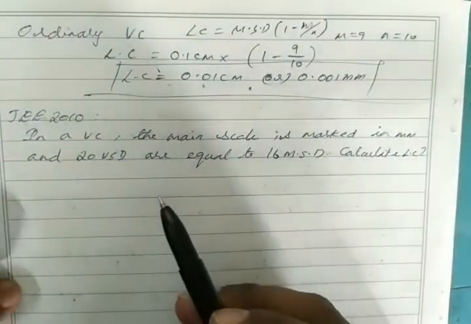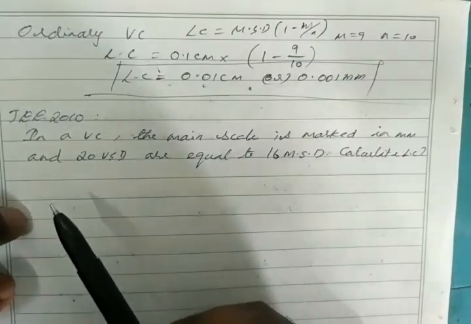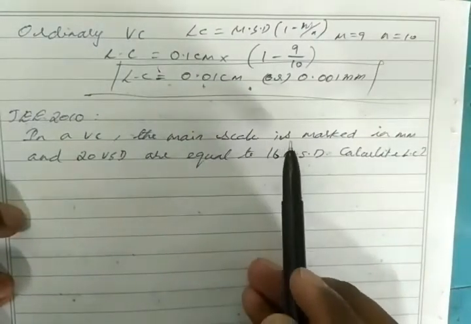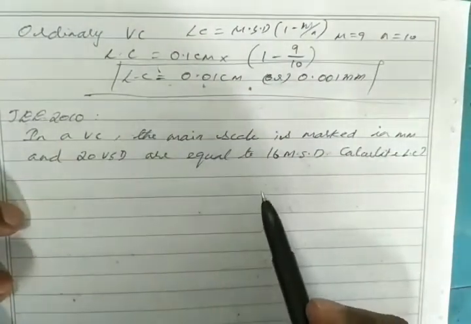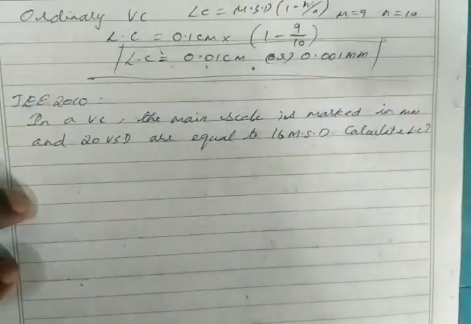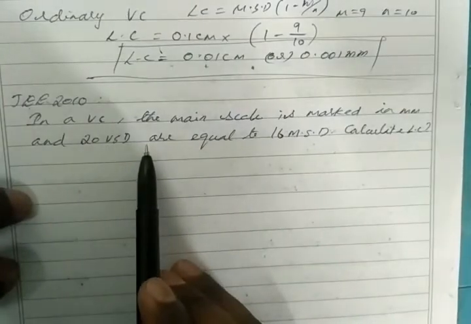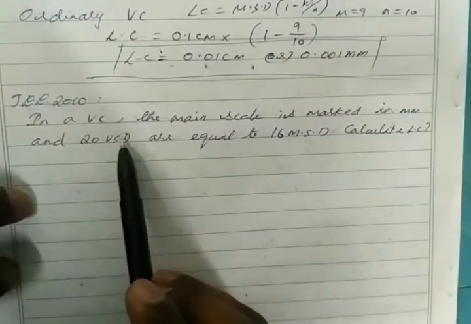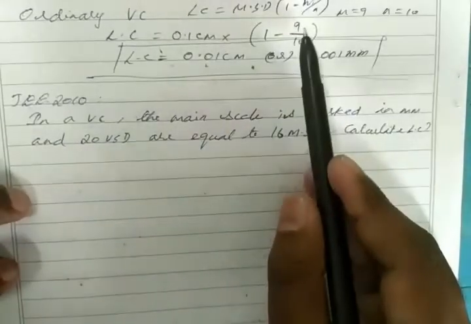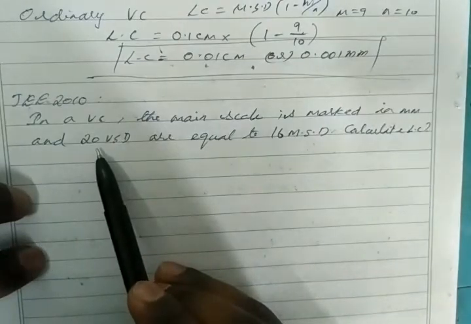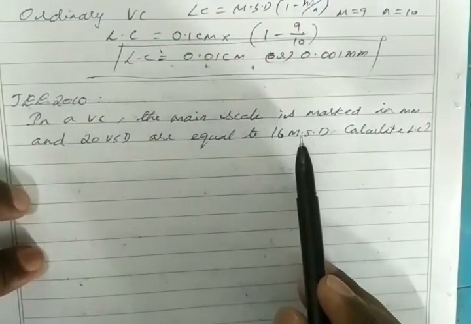We will solve a small numerical problem which was asked in JEE 2010. In a vernier caliper, the main scale readings are marked in millimeter, so one main scale division is 1 millimeter, and 20 vernier scale divisions are equal to 16 main scale divisions. In the general condition, we know 10 vernier scale divisions equal 9 main scale divisions, but in this problem 20 VSD equal 16 MSD.